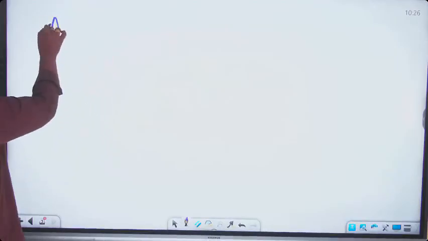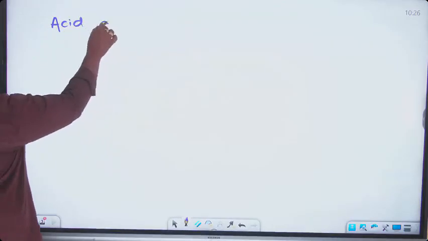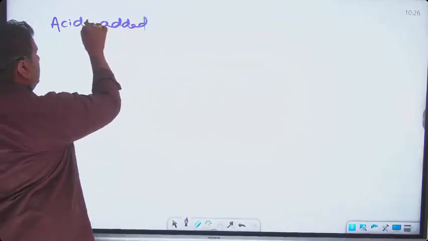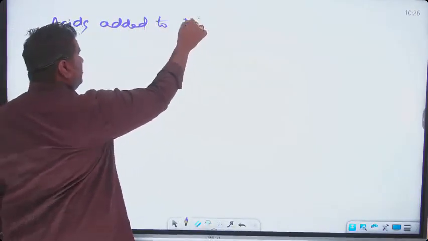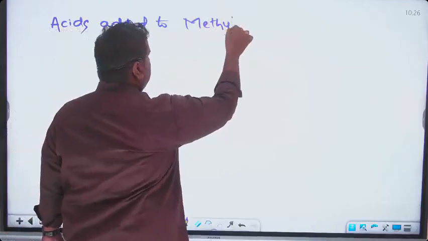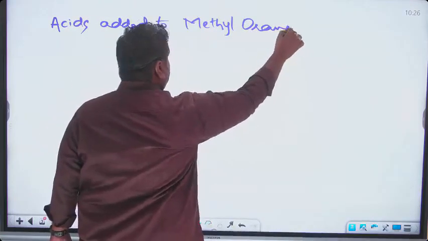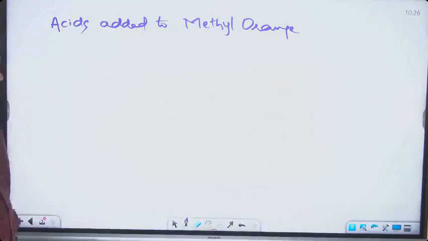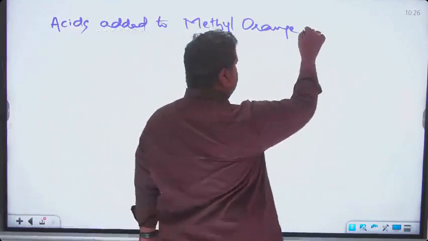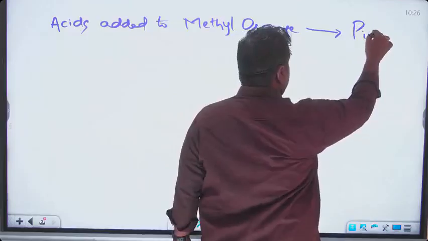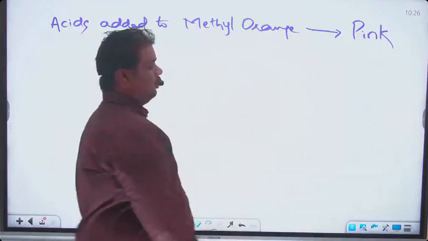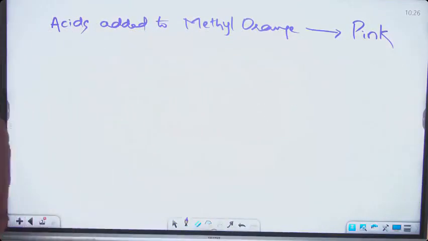Then, the moment you're talking about the chemical indicators, whenever acids are added to a chemical indicator like methyl orange, the color changes to pink. The color of methyl orange changes to pink.